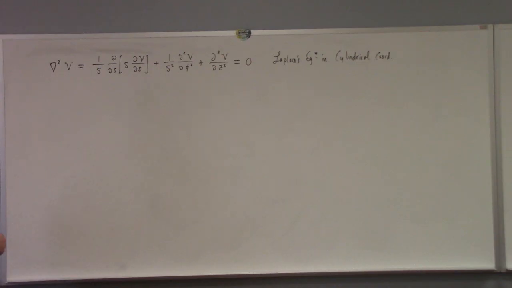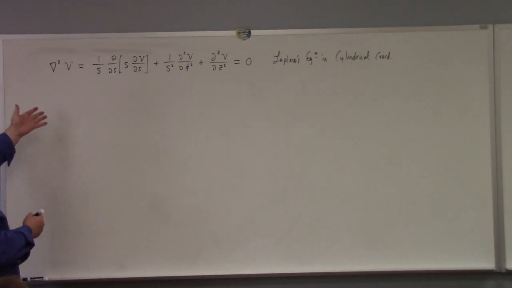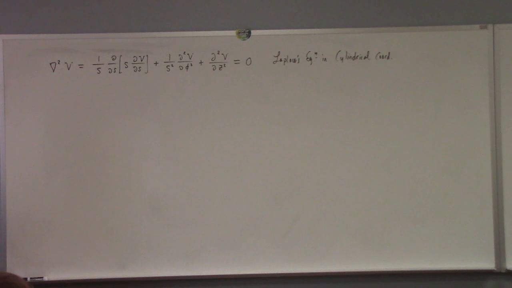Now, we can work out what does separation of variables look like for this problem, right? Like, how would you do separation of variables on this problem? What would that look like?